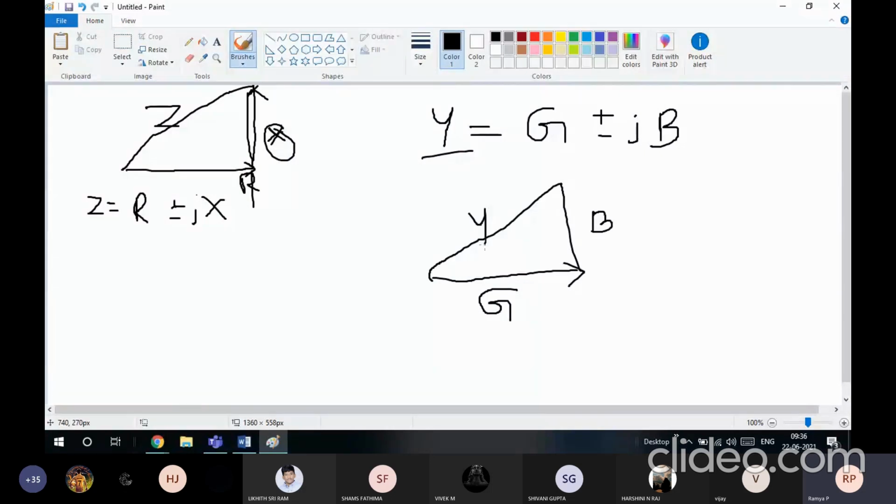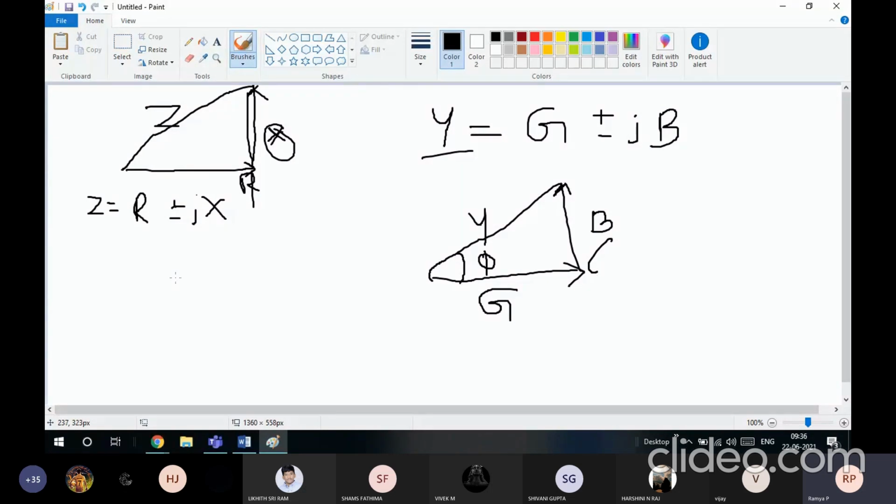Suppose I am drawing this triangle, which has an angle phi here. Always, in the admittance triangle, the susceptance is on the top. So if it is moving in the upward direction, which is leading, it will be capacitive in nature.